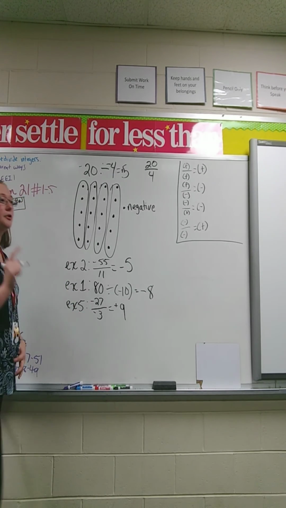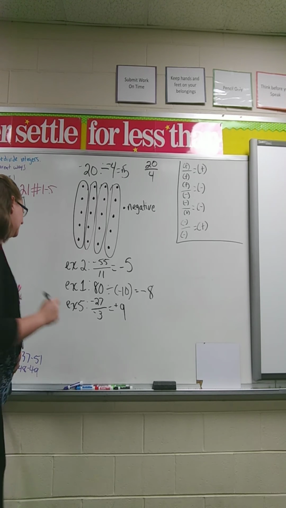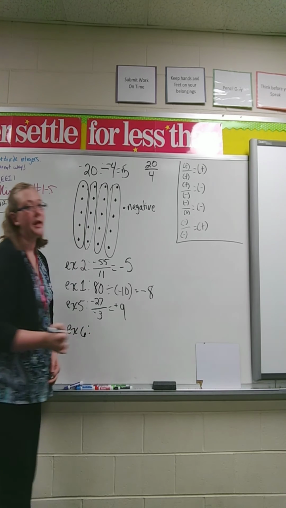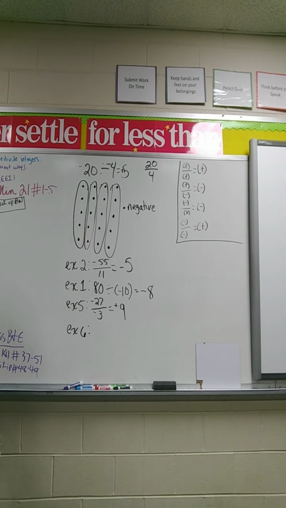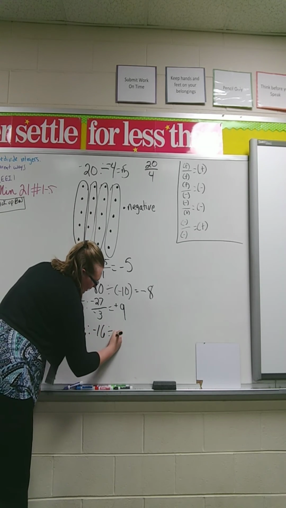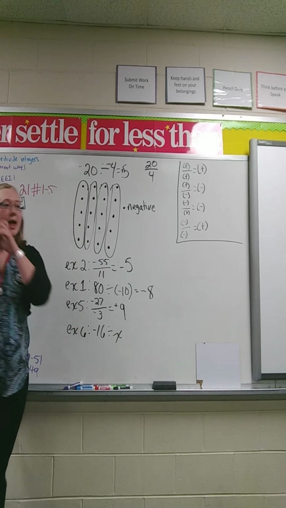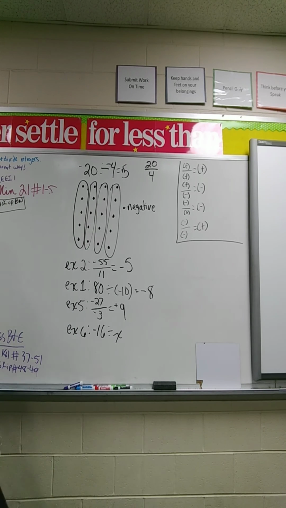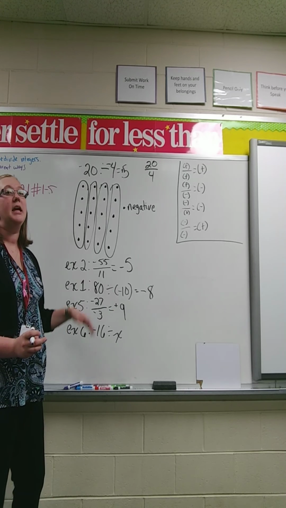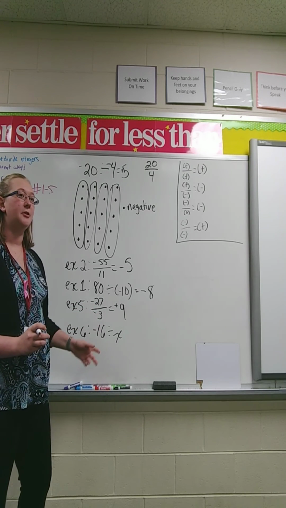Okay. There's one more that we need to look at. That's example 6. In example 6, we need to evaluate negative 16 divided by x if x equals negative 4. The first thing that we need to do is rewrite the problem substituting for our variables.